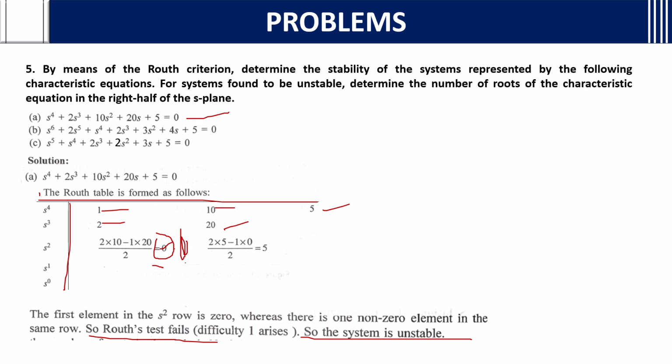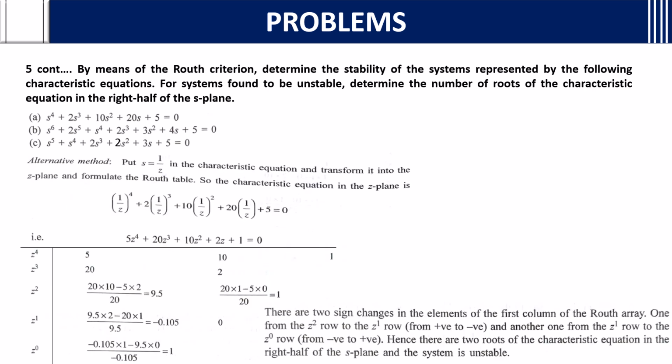To find the number of roots present, what we will do is take the given characteristic equation and replace s by 1 by z, forming the characteristic equation in the z plane, not the s plane.